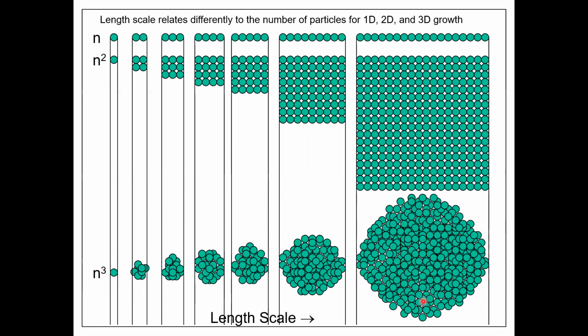So the property of the bulk material naturally will be controlled by the bulk atoms as opposed to the surface atoms. On the other hand, if you take materials at a very small length scale, a few nanometers, then you can see most of the atoms are sitting on the surface. While here the bulk atoms are dominating the property, here the surface atoms are dominating the property.